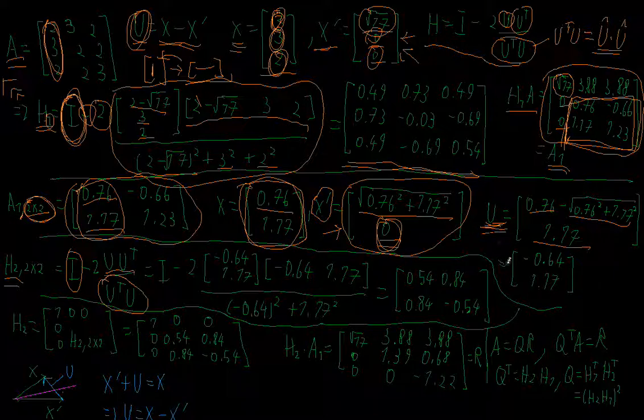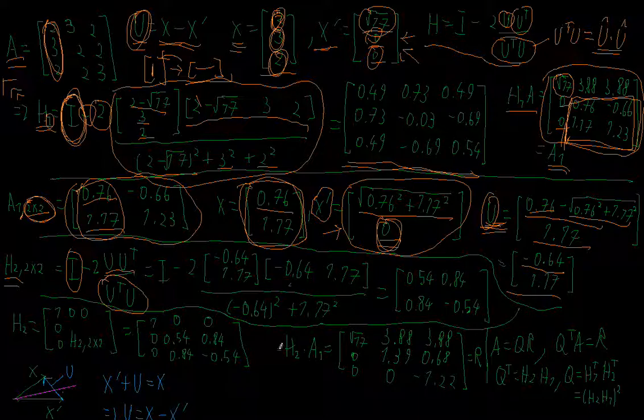Also, I didn't say it, but this vector u, if you plug it into a calculator, instead of writing 0.76 minus the square root of 0.76 squared plus 1.17 squared, gives simply negative 0.64. And the 1.17 doesn't change.